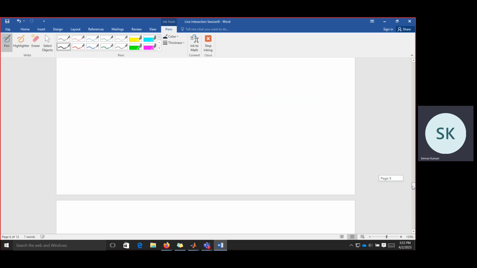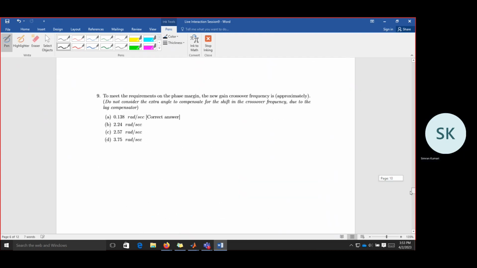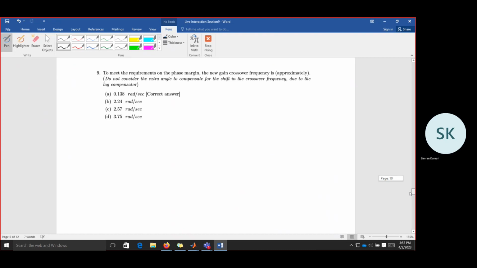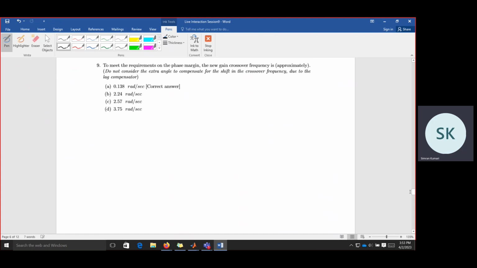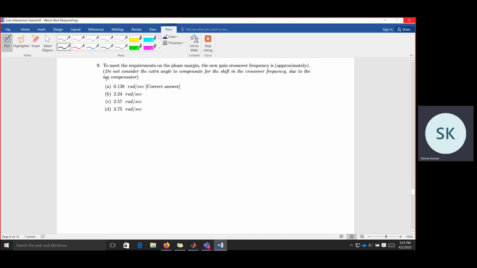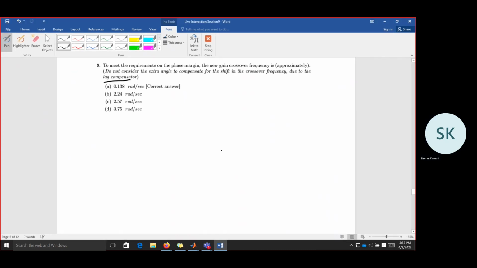Okay, now we need to improve the phase margin. So for that, we are trying to use this lag compensator. And we have to find this new gain crossover frequency.